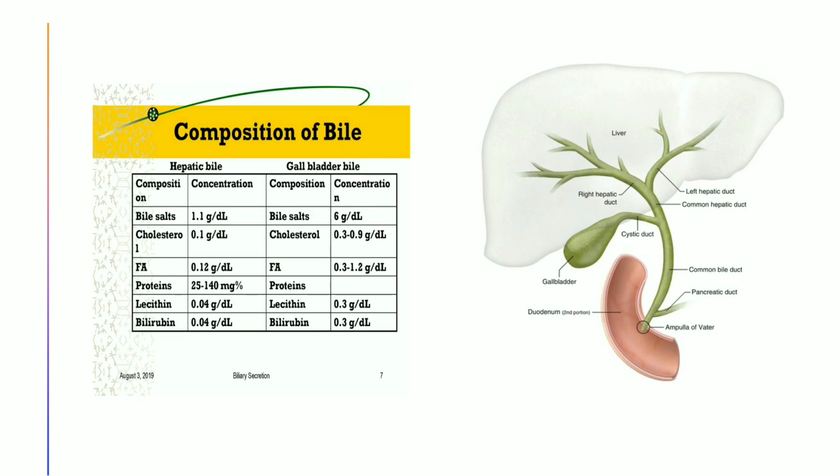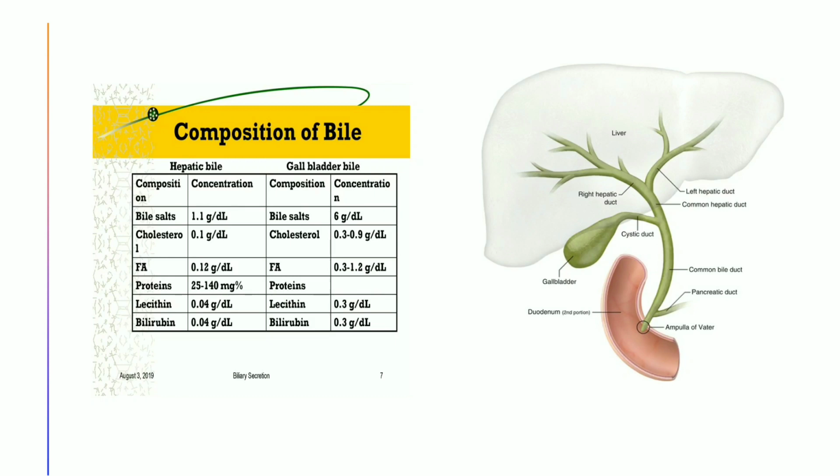But the protein content becomes nil. And the bilirubin is also concentrated. Here you can see 0.04 gram per deciliter in the hepatic bile, whereas in the gallbladder bile it is 0.3 gram per deciliter. So in the gallbladder the bile is mostly concentrated.